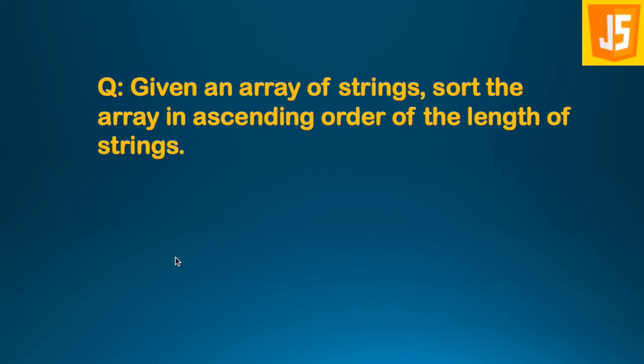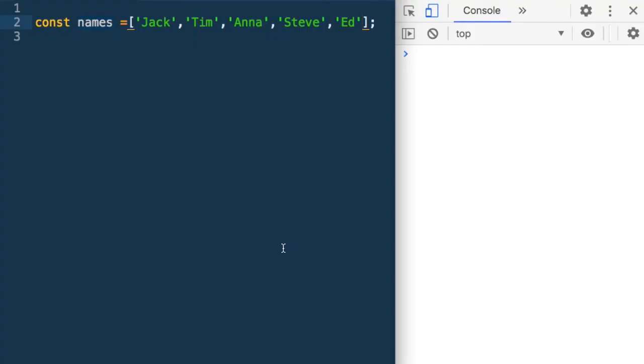Given an array of strings, sort the array in ascending order of the length of the strings. So given the length of the string, in their ascending order, we need to sort the array. So suppose we have been given this array names and we want to sort in ascending order of length. So let's define it.